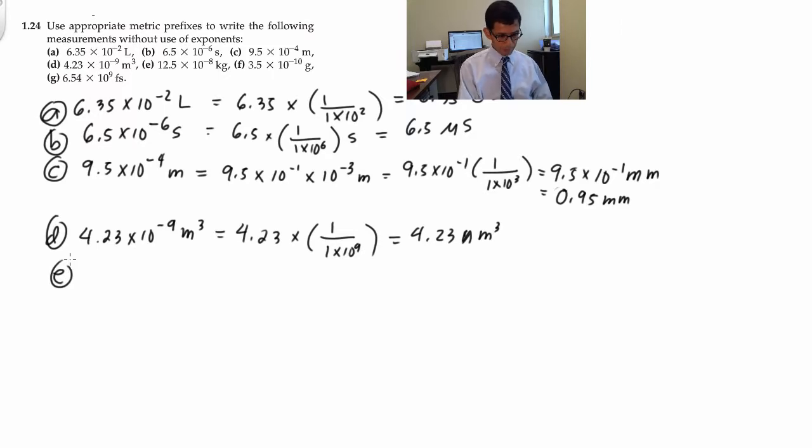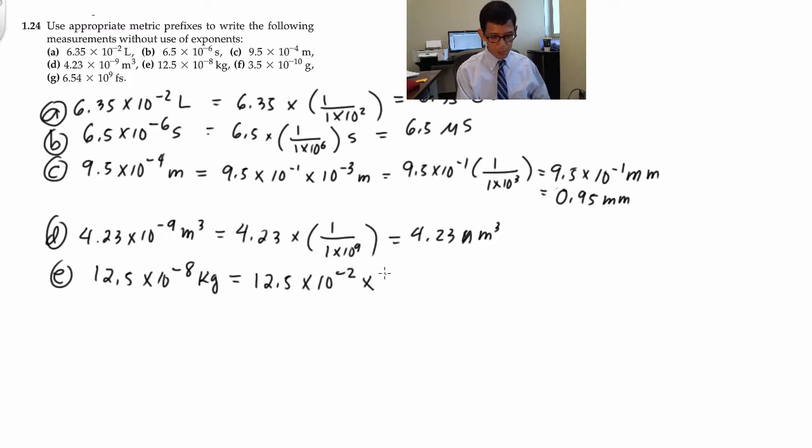E, 12.5 times 10 to the negative 8 kilograms. It looks like we're going to have to break it apart again, the 10 to the negative 8. It's like 12.5 times 10 to the positive 1 times 10 to the negative 9.